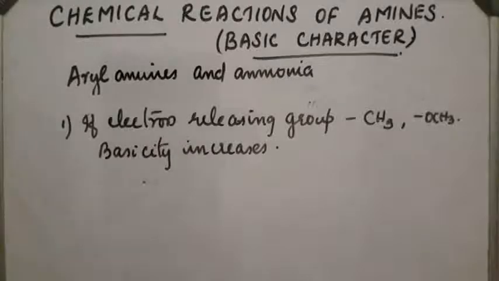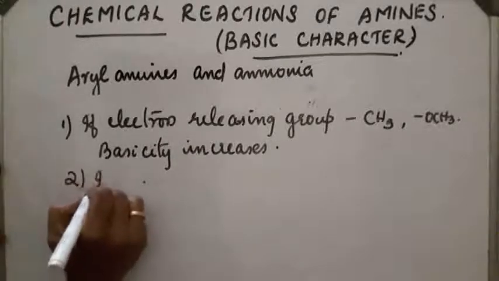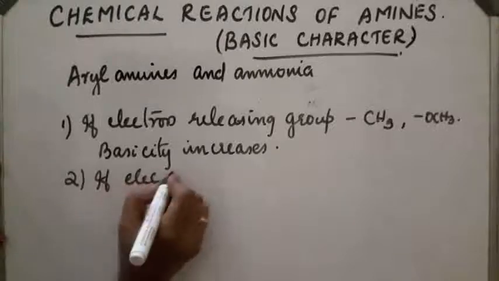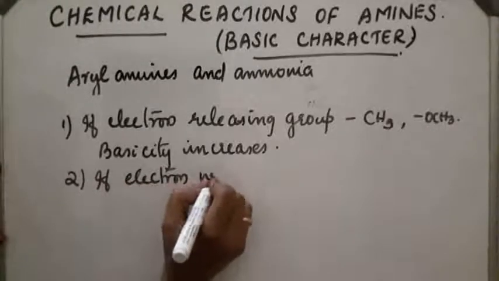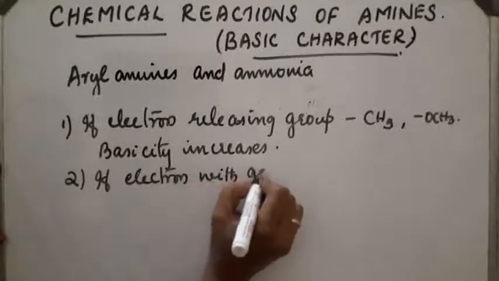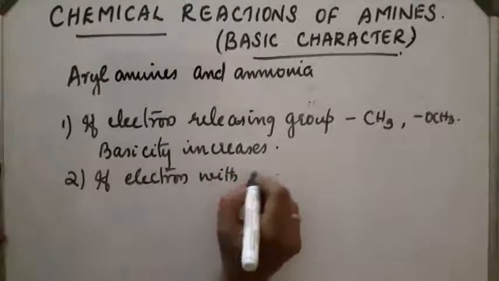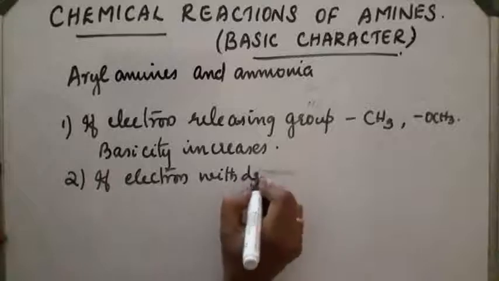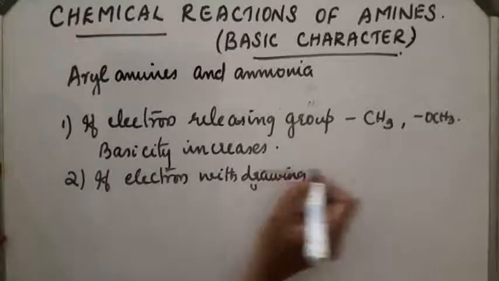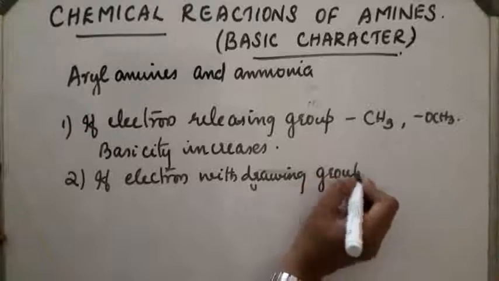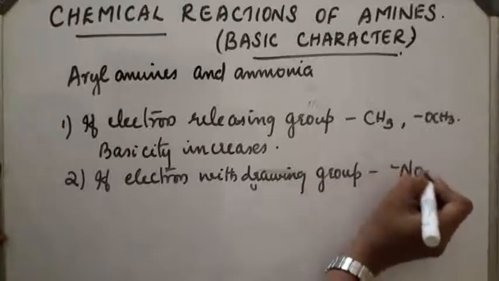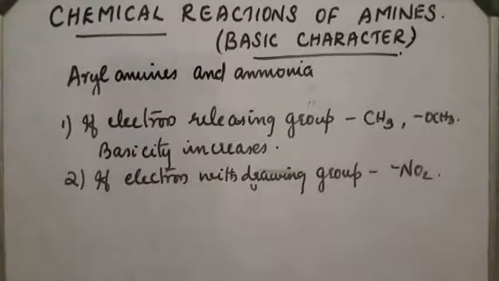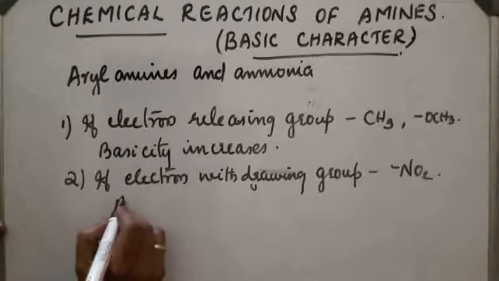Now, if electron withdrawing groups like NO2 are present, they withdraw electrons from the nitrogen atom. So what will happen? They decrease the basicity.